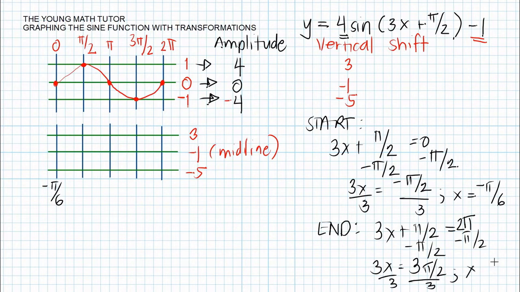And now if we divide this by 3, we'll get a value for x which is equal to pi over 2. Now what we want is to write this one with the same denominator as the first one so that we won't be confused about the point. So let's write 3 pi over 6. So that's the end of our period.